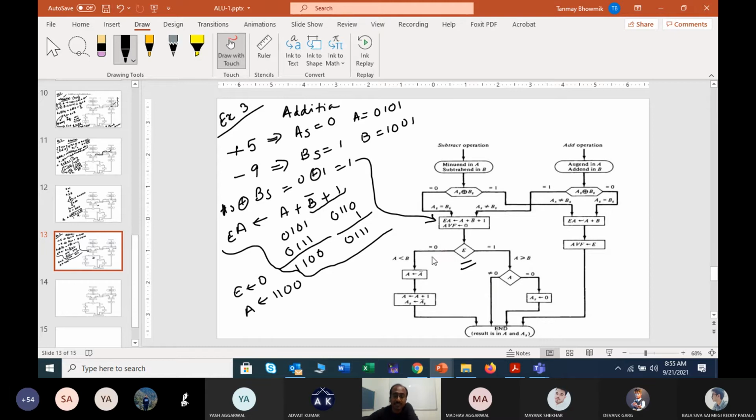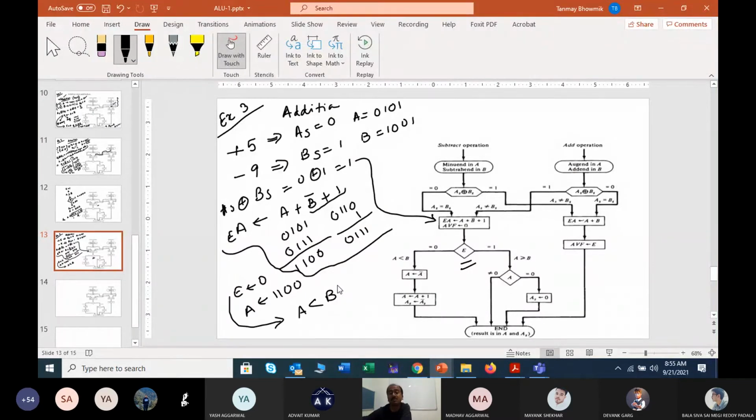So E is 0 means A less than B. Previously, when we got E equals 1, that represented A greater than or equal to B. But in this case, A less than B.